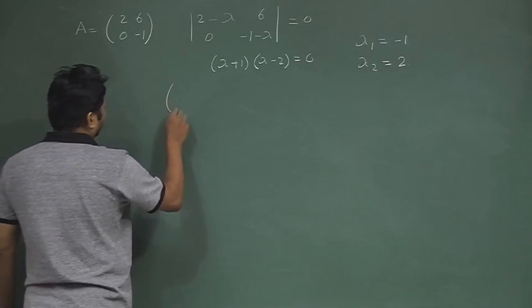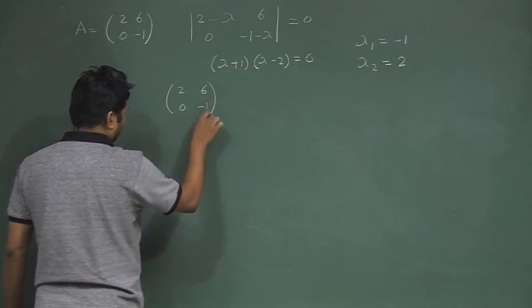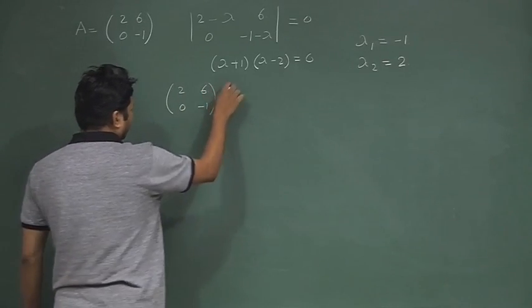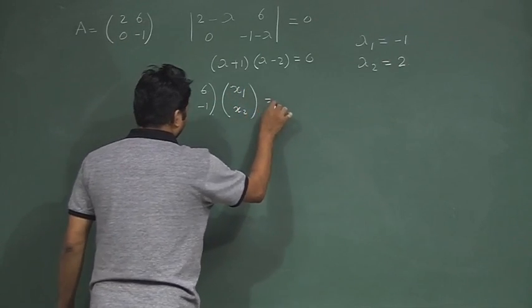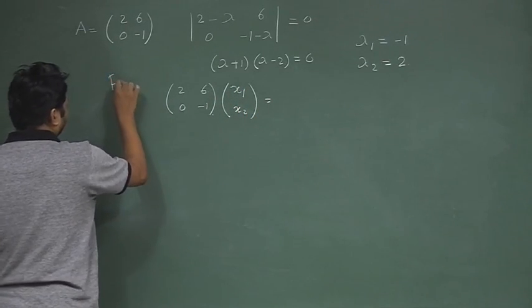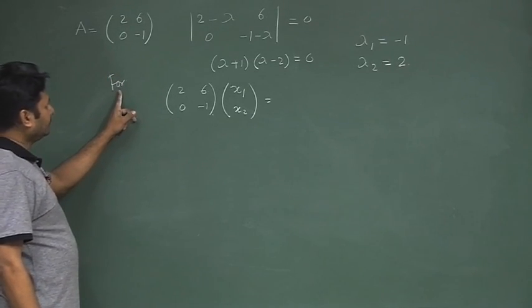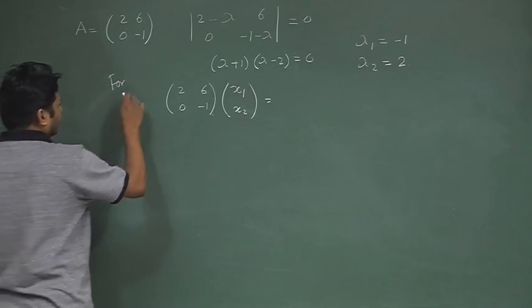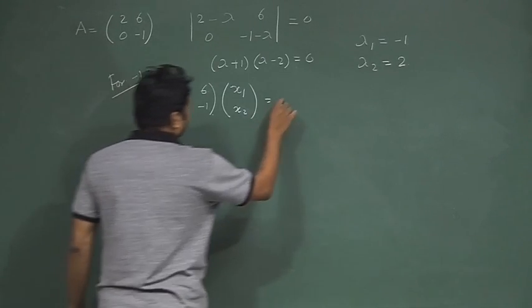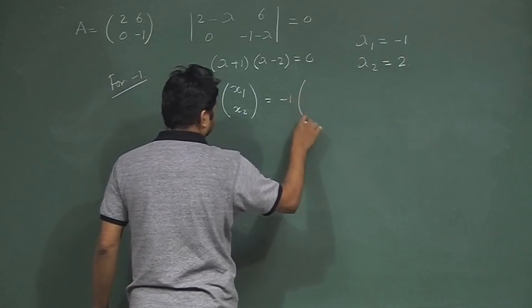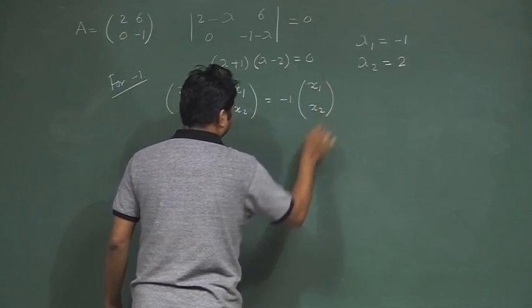So [2, 6; 0, minus 1] times [x1, x2]. Say I want to find it for lambda equal to minus 1. So minus 1 times [x1, x2].